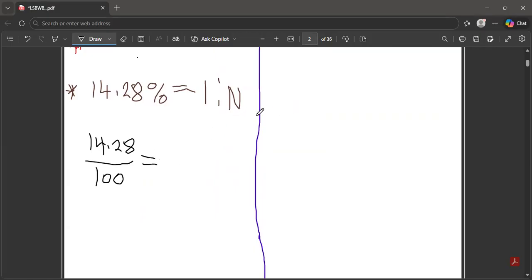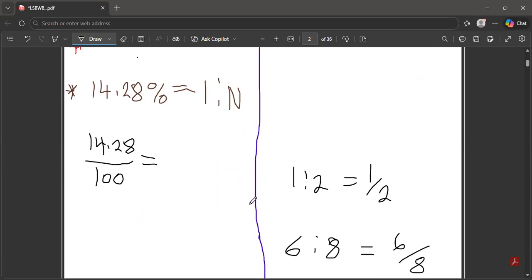You know that this is a ratio. If I say 1 is to 2, it can also be written as 1 over 2. If I say 6 is to 8, it can also be written as 6 over 8. So let's transfer the same knowledge over here. You're going to be getting 1 over n.